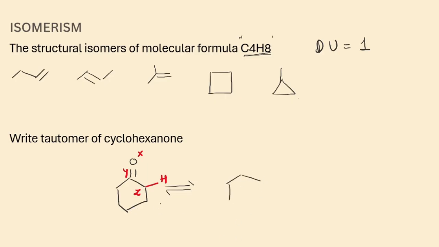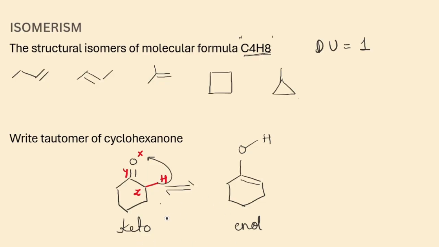You rewrite the structure as it is, like this. And then between X and Y a single bond, between Y and Z a double bond, and the hydrogen will shift to the X atom, that is nothing but oxygen. So this is a ketone and this will be an enol. Why enol? Because there is a double bond and an alcohol, that's why enol.